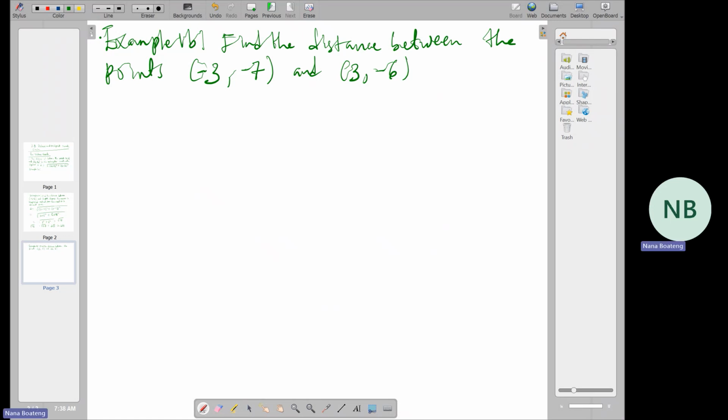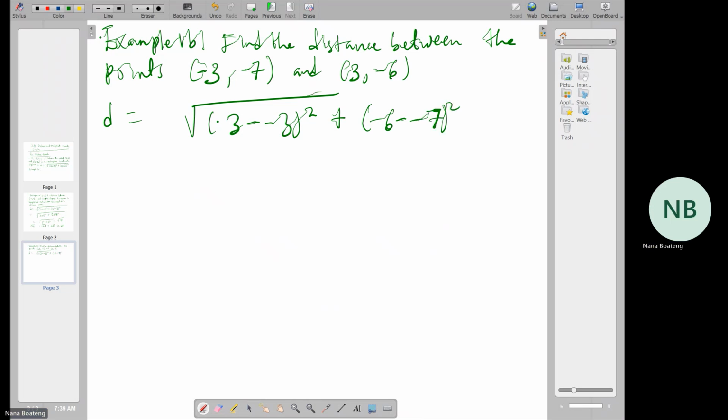Find the distance between the points (-3, -7) and (3, -6). So d is equal to the square root of (x2 minus x1) squared, 3 minus negative 3, plus (y2 minus y1) squared, negative 6 minus negative 7.